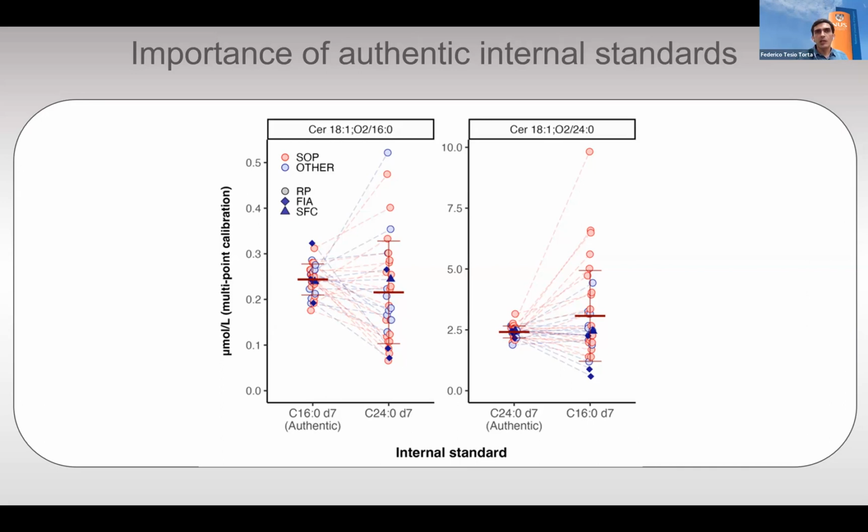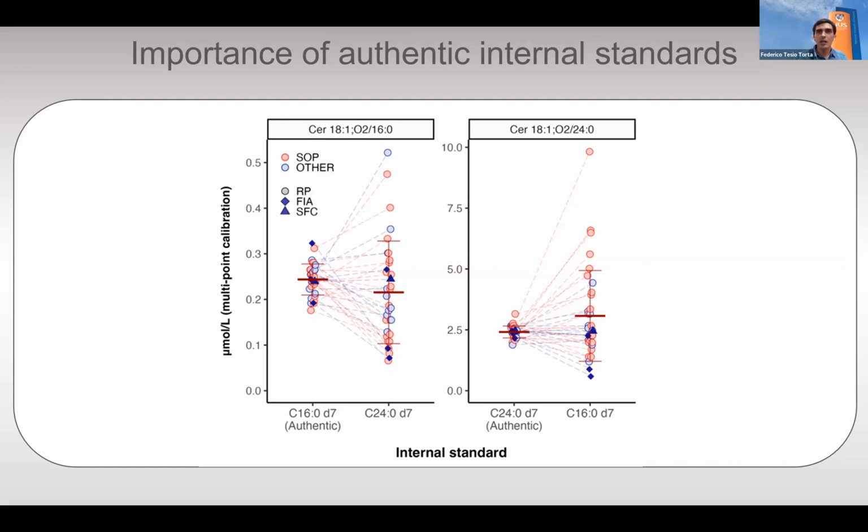Now, the reasons for these results are not totally clear. We could consider, for example, matrix effects and different ionization efficiency in source between different structures, and different fragmentation efficiencies for the different analytes.